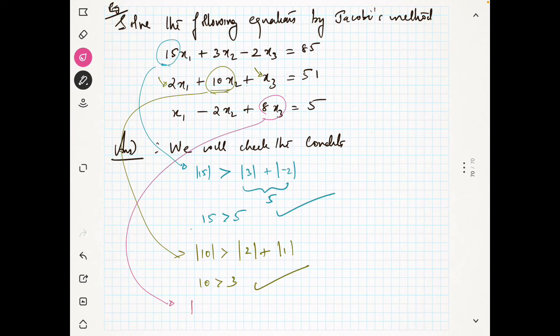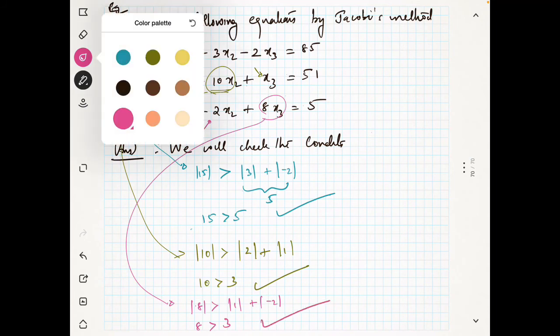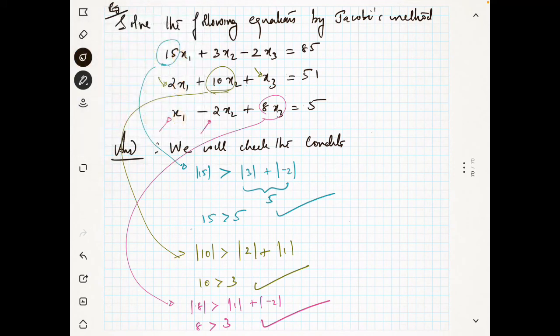The magnitude of 8, whether it is greater than the magnitude of 1 plus the magnitude of minus 2. So 8 is greater than 1 plus 2, it's 3, okay. This is also satisfied. So all the conditions are okay.